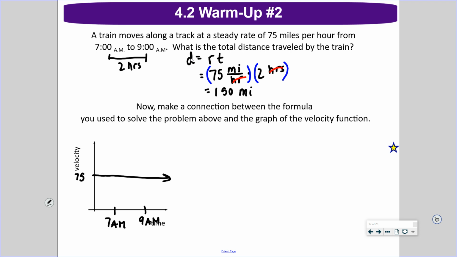See if we can do this together and make a connection between this formula we used here and the graph. Any ideas of how we could somehow get 75 times 2 by looking at this graph?